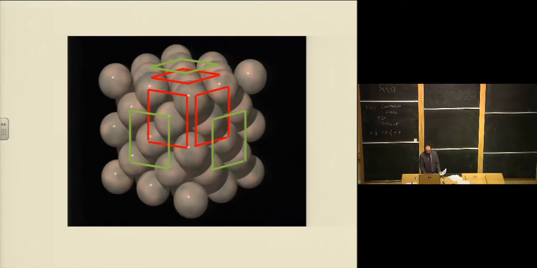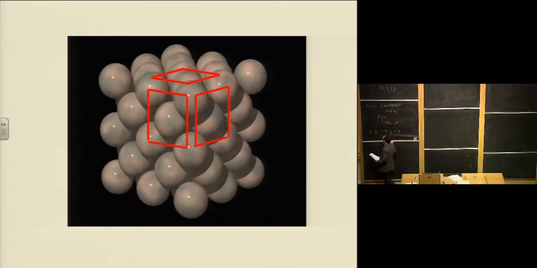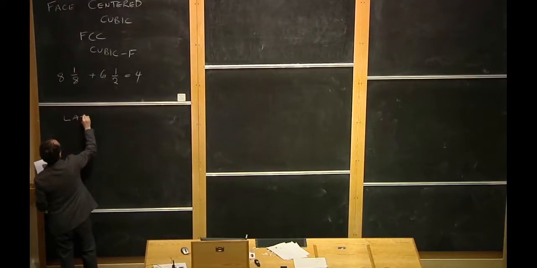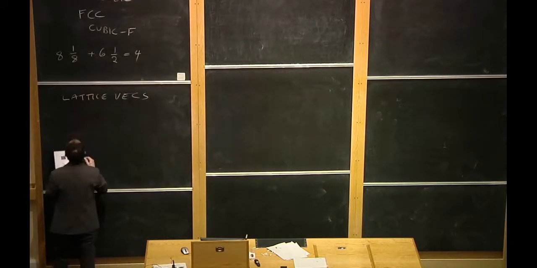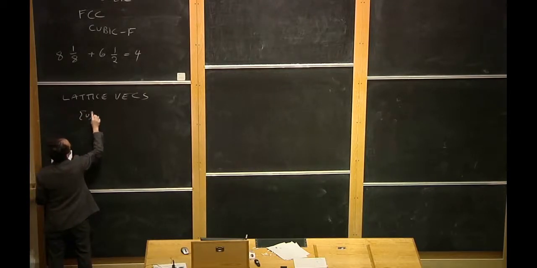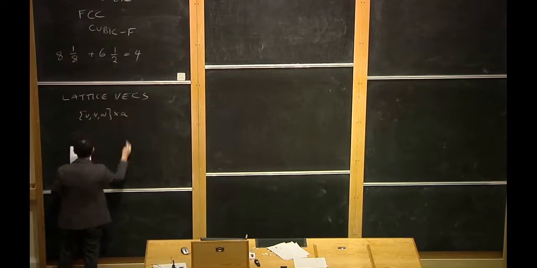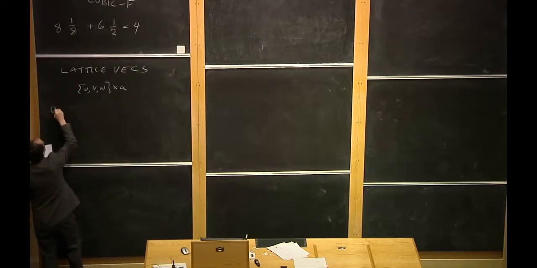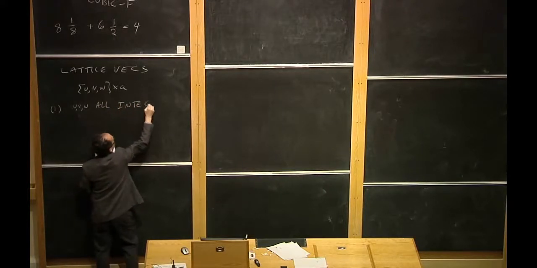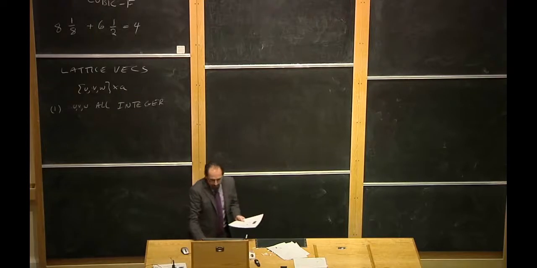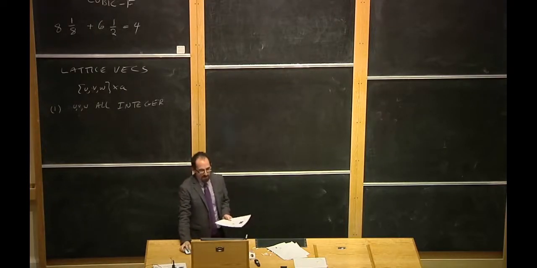And although it may not be completely obvious that the environment of every single sphere is identical to the environment of every other sphere, since that's not completely obvious, we should do the exercise of actually writing down the lattice vectors for the FCC lattice. And I claim they take the form, again, UVW times A, where either possibility 1, UVW are all integers, and again that would correspond to the points in the corners.